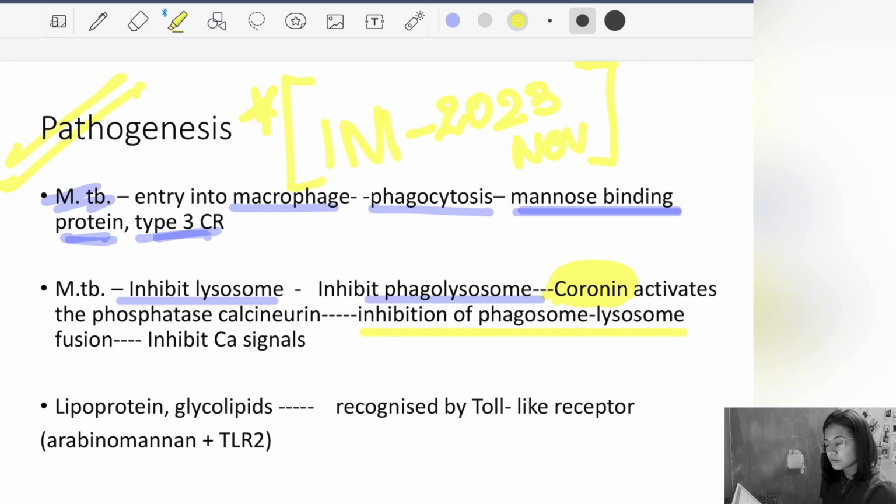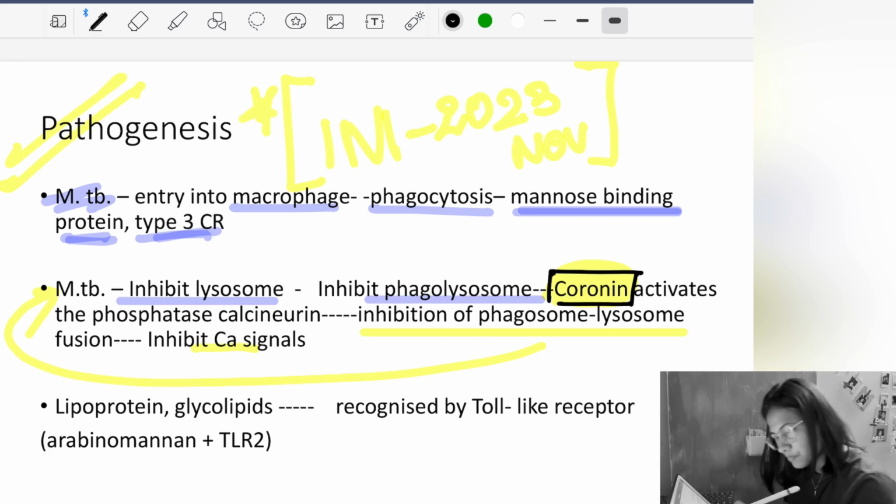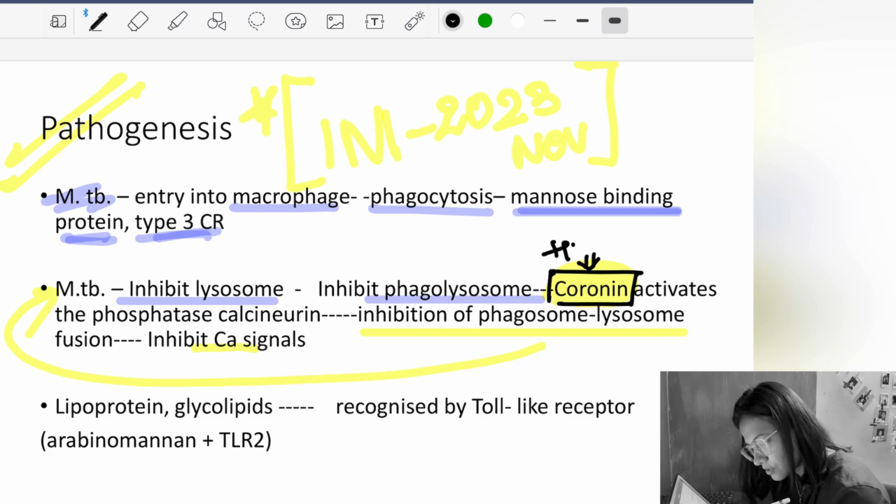So phagolysosome inhibition will lead to proliferation of Mycobacterium tuberculosis, and it also inhibits calcium signals. So this is one thing that you have to remember. Coronin. This host protein blocks the phagolysosome formation by recruiting a host protein, and this host protein is known as coronin.